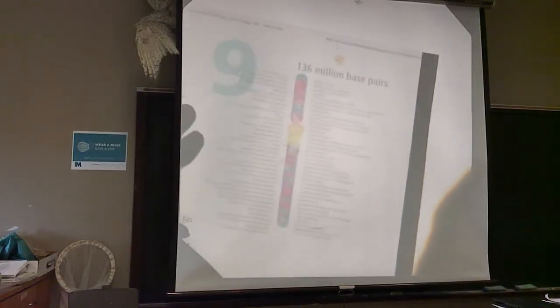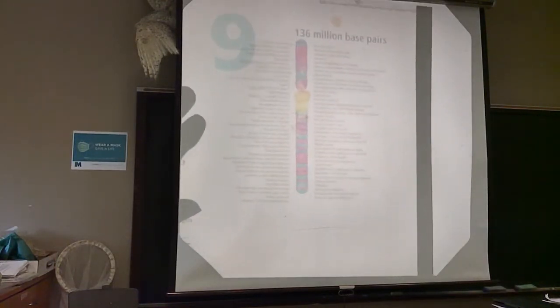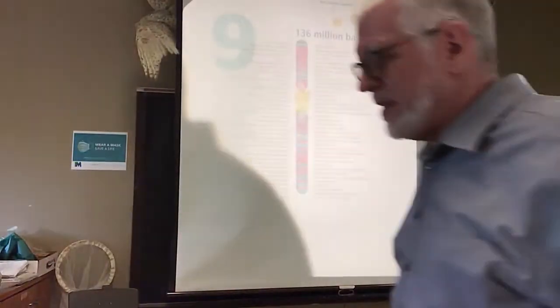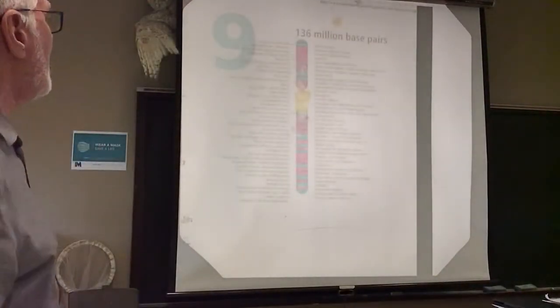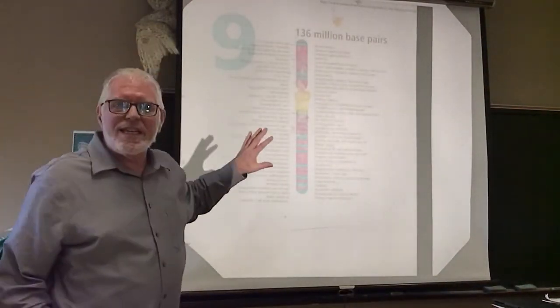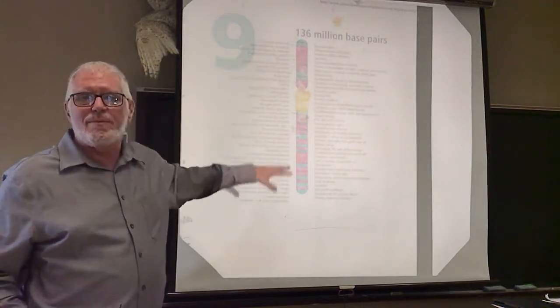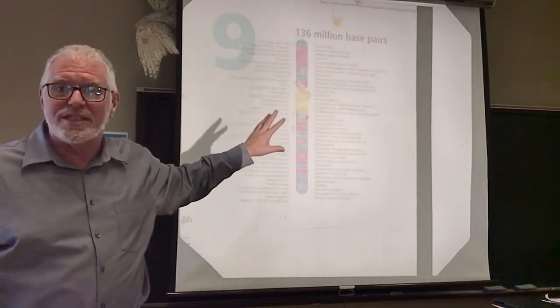Now the thing I put up is old. This is why. And I know you can't read this. I can barely read this. But this is a more recent labeled copy, and they don't even have all the genes on here labeled.